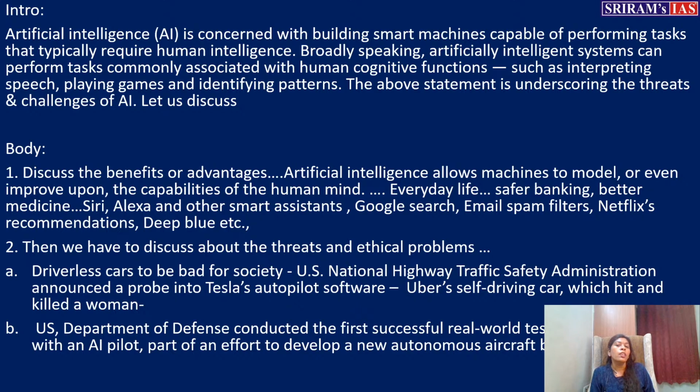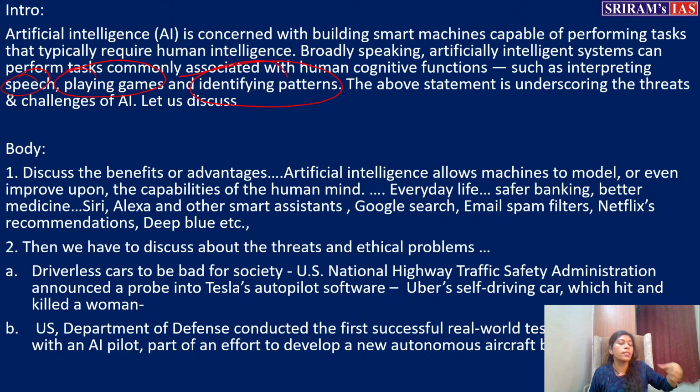Now it happened. So it is used for various tasks, mainly to help the humans to do those tasks. So give just a small intro about AI innovation. As I have already given some sentences related to that, it is there for performing human tasks such as interpreting speech, even playing games and identifying patterns, all small things.